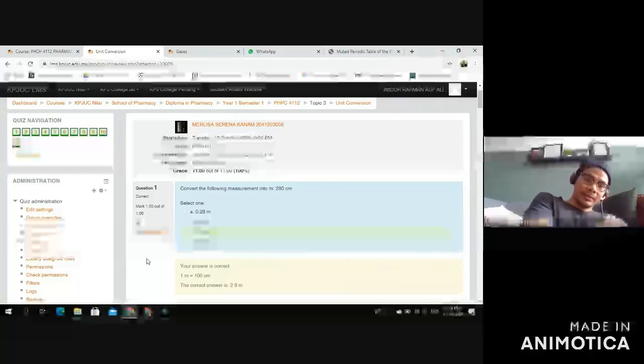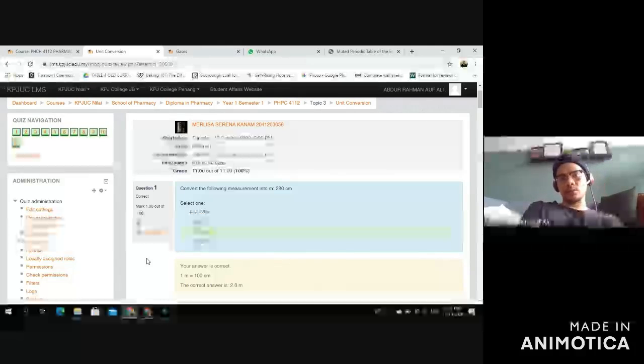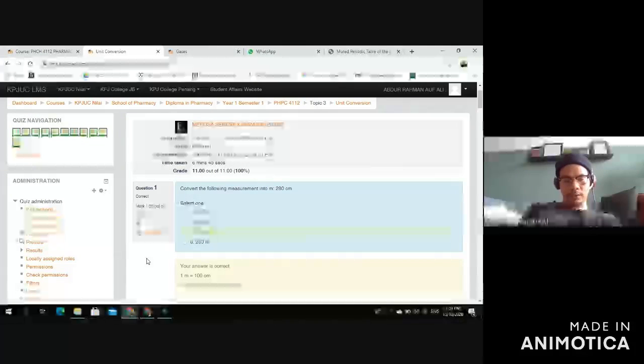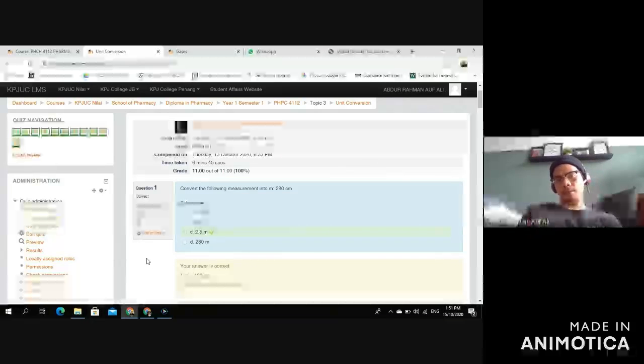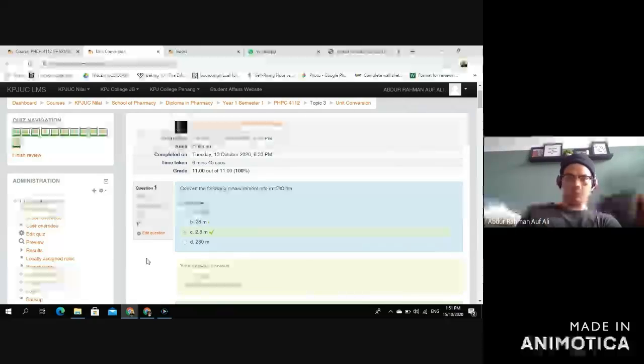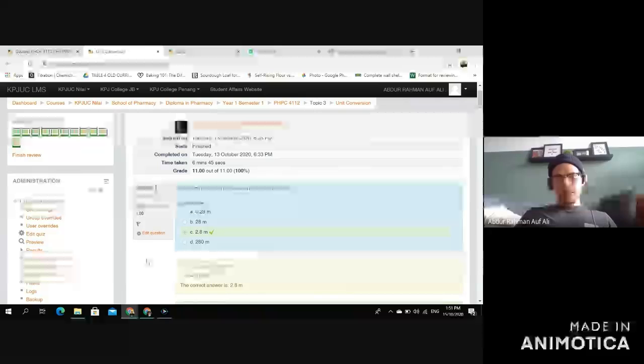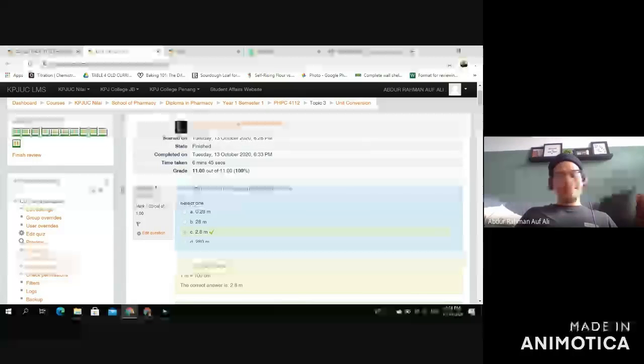Actually it is an assessment tool so that you know how to convert units, because in chemistry calculations you'll be converting units from meters to millimeters, from moles to millimoles, and vice versa. So these are the basic unit conversions that we will be dealing with.